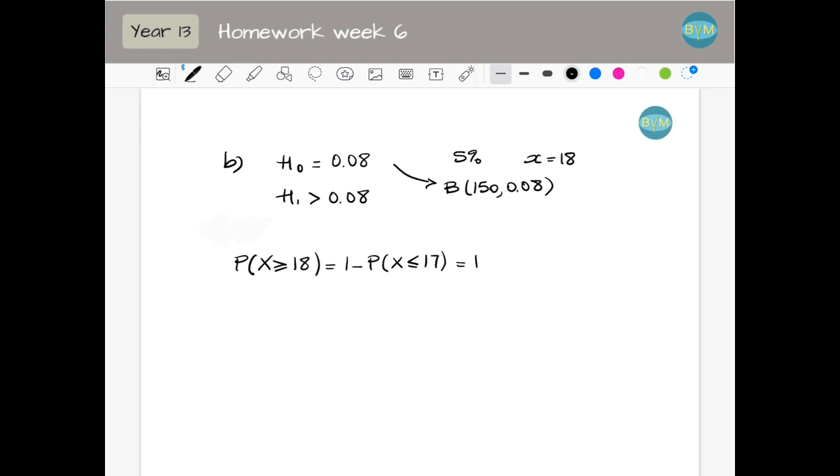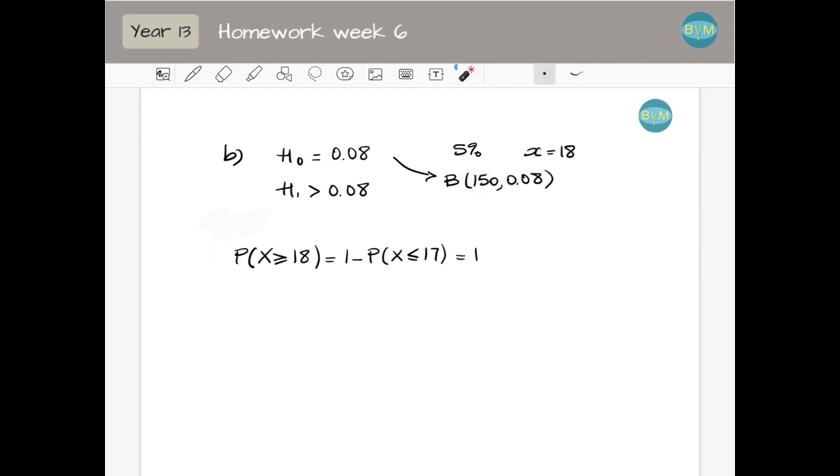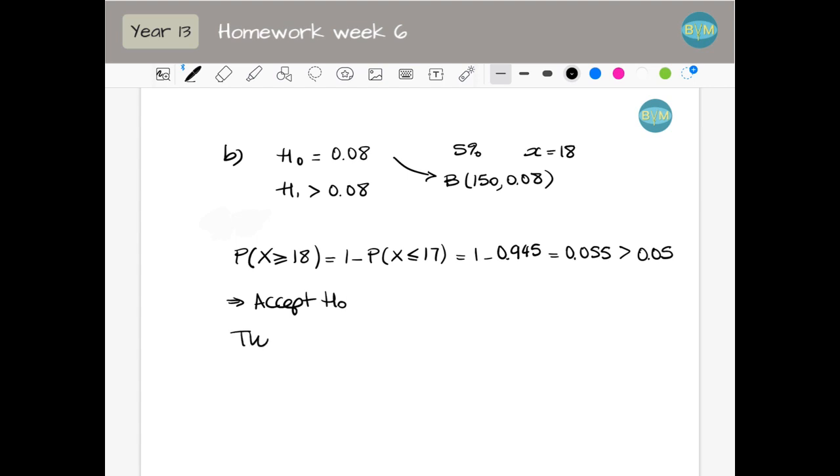And we go to binomial CD. N is 150, P is 0.08, and X is 17, and we do 1 minus 0.945, which is 0.055, which is greater than 0.05, so we have to accept H0, which means there is not enough evidence to say that the campaign was effective.